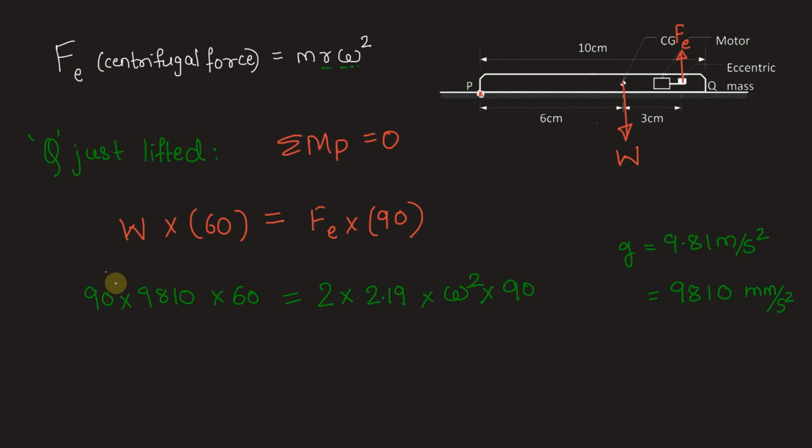So first thing, 90 on both sides is divided and we get 1. This will give us 30. So we can write omega square, keeping the unknown on one side, is equal to 9810 into 30 divided by 2.19, which is equal to 134383.56.